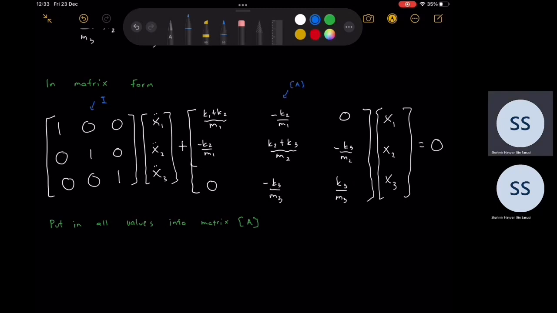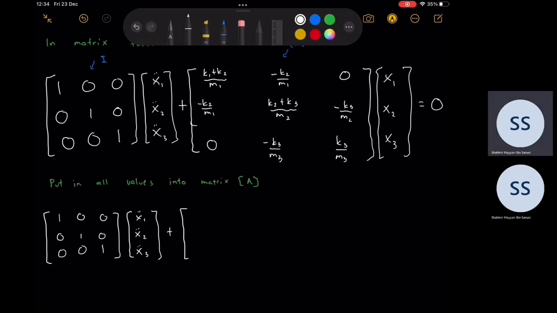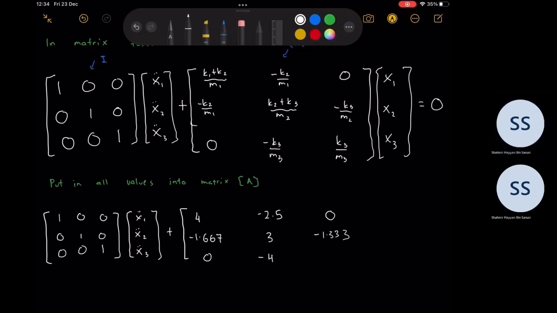If I replace all the values, what I get is 1, 0, 0, 0, 1, 0, 0, 0, 1, times x double dot 1, x double dot 2, x double dot 3, plus, this is where we have replaced the values, 4, negative 2.5, 0, negative 1.667, 3, negative 1.333, 0, negative 4, 4.